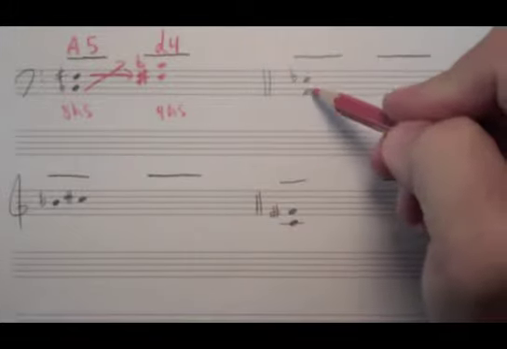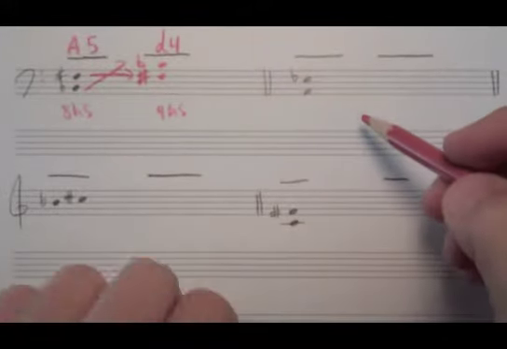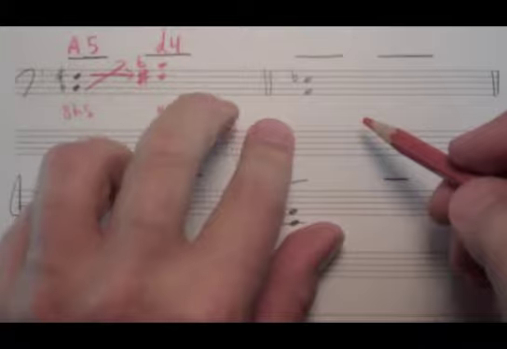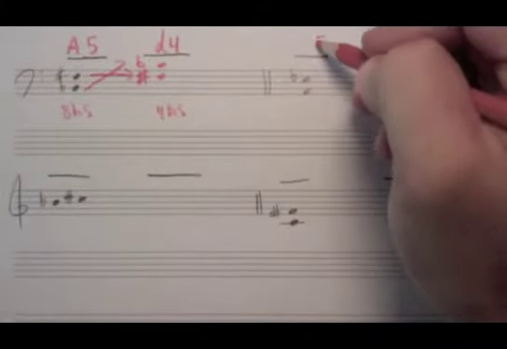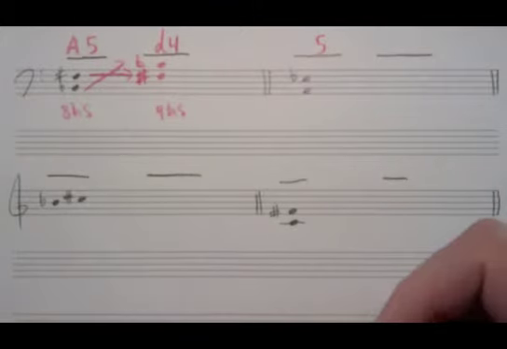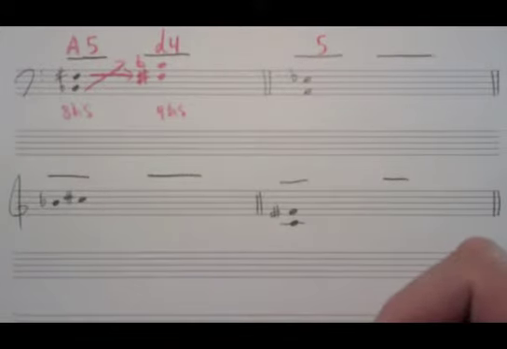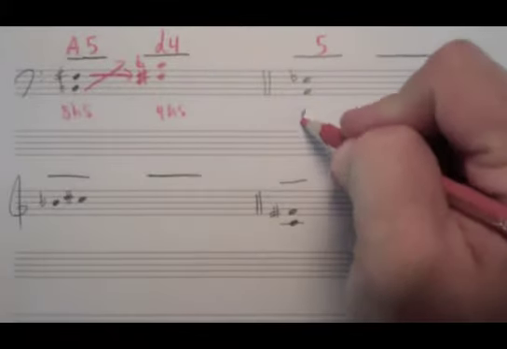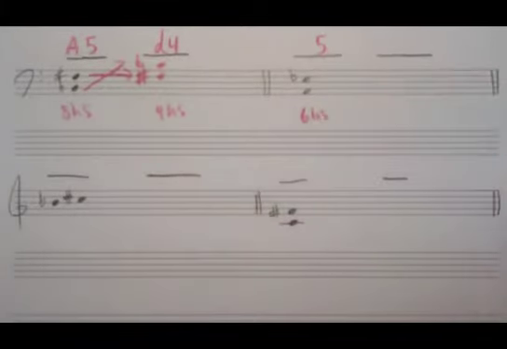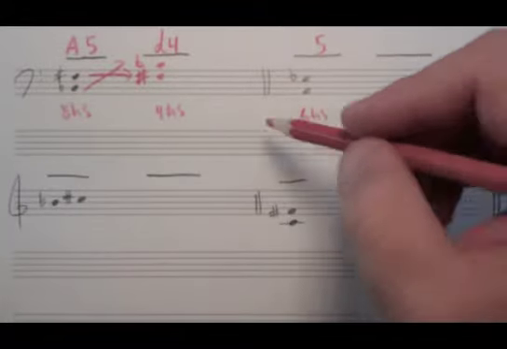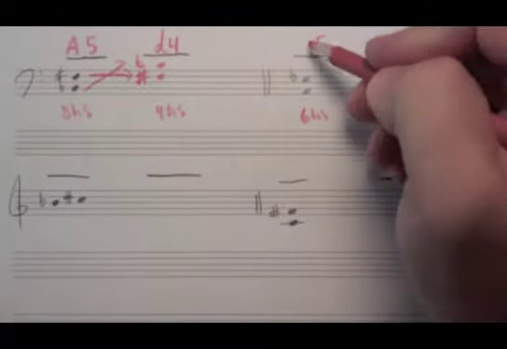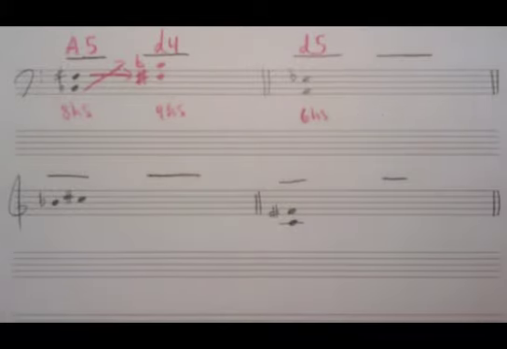So over here we have A to E flat, so the generic interval, A, B, C, D, E, some sort of fifth. If we count the half steps on the piano, 1, 2, 3, 4, 5, 6. So 6 half steps. So generic interval of a fifth with 6 half steps does indeed mean that this is a diminished fifth.